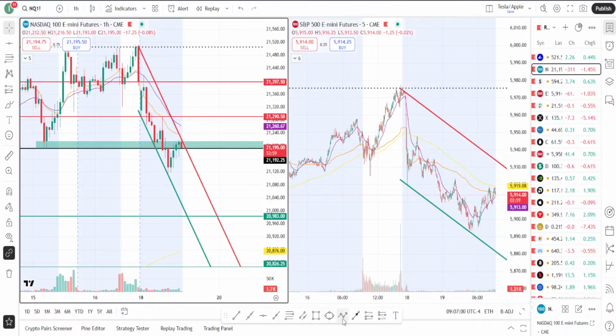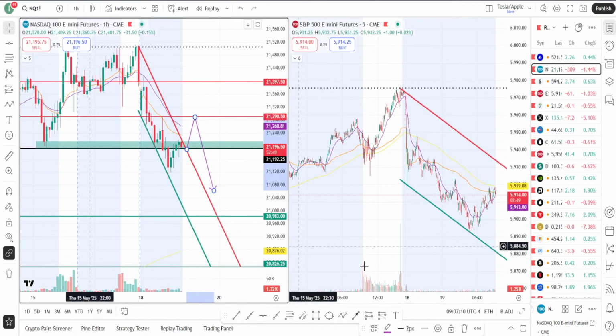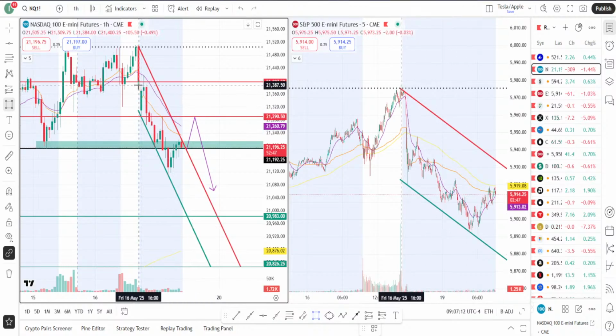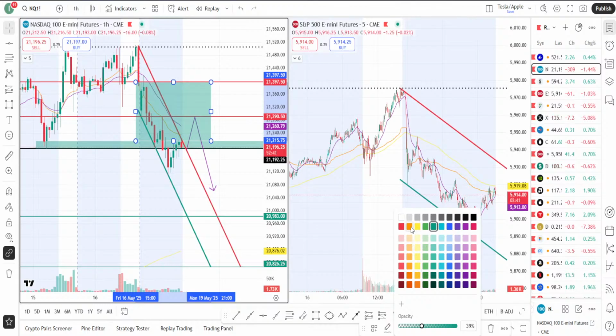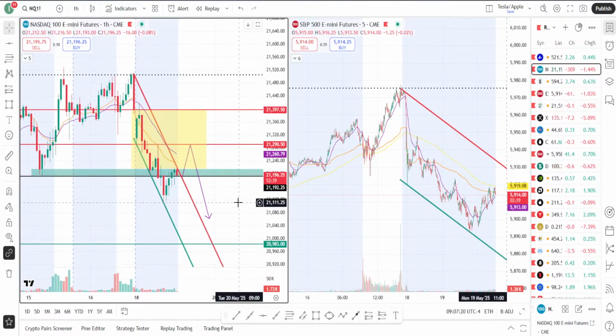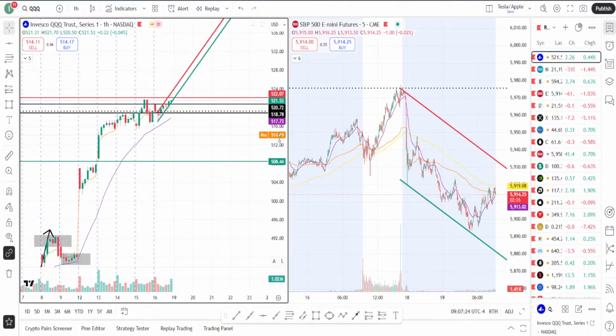Now this could go up here. We could go up to this level of supply here, and then start to reverse, come down, because we're gonna have a gap from all the way up here down here. If you look at the Qs, see we have a gap right here.